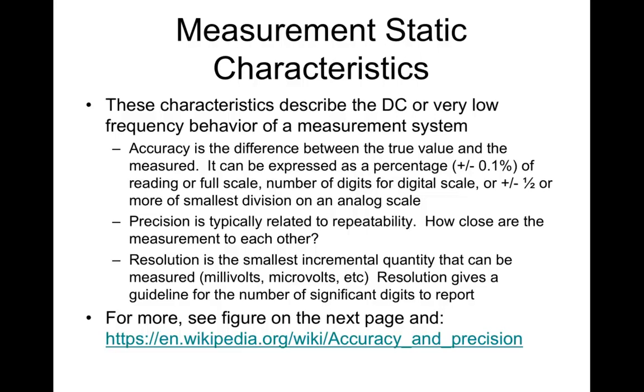So there's a number of digits on a digital scale, or plus or minus half the smallest division on an analog scale. Precision is typically related to repeatability, in other words, how close are the measurements to each other. And resolution tends to be the smallest incremental quantity that can be measured, so millivolts, microvolts, etc. Resolution will give you a guideline for the number of significant digits to report.